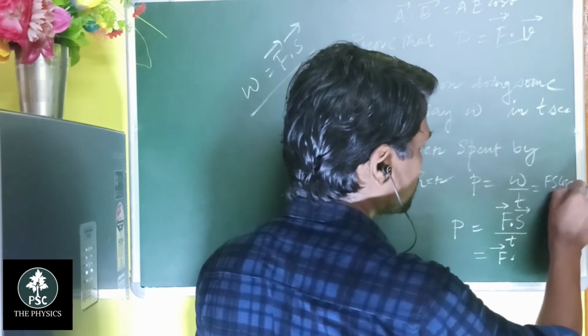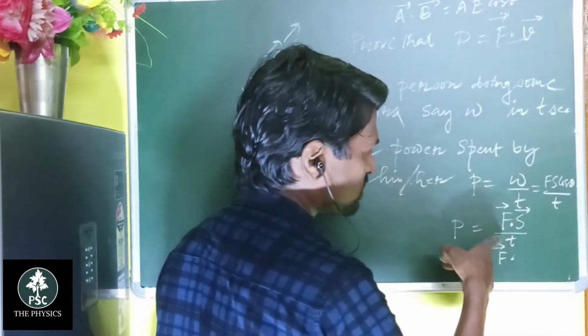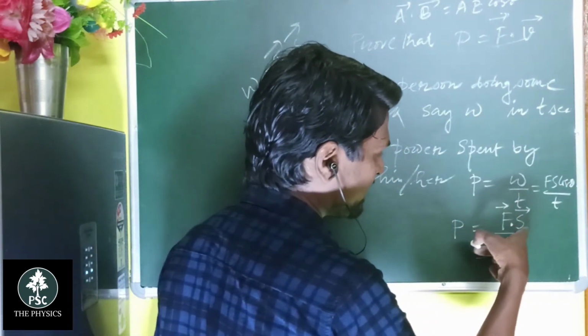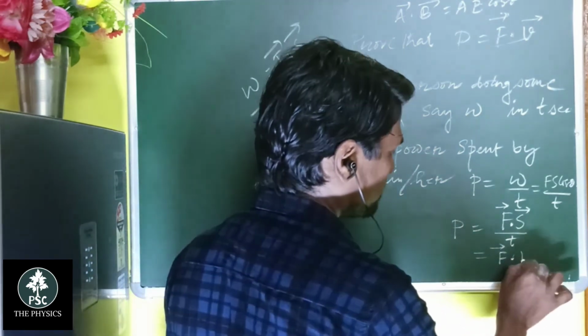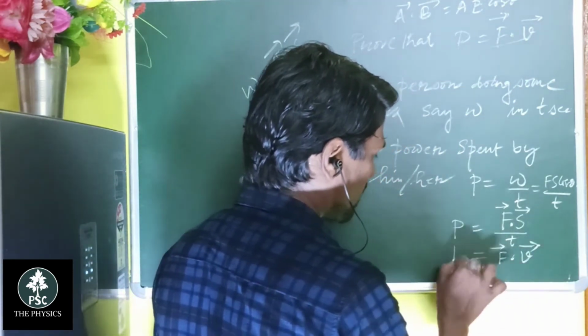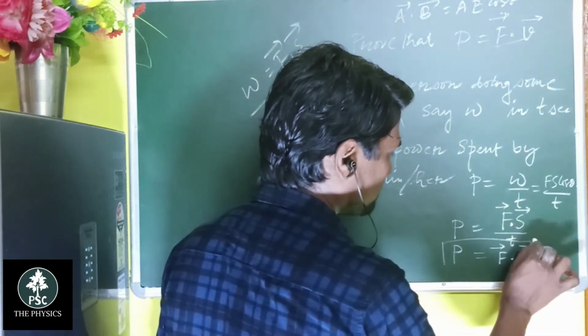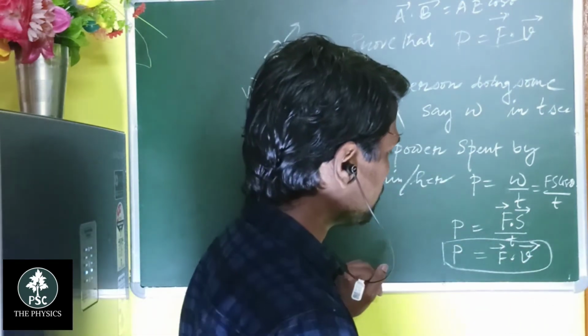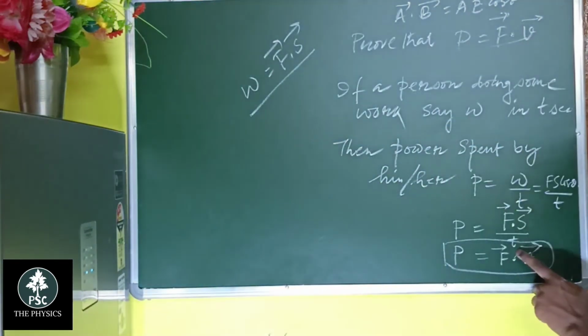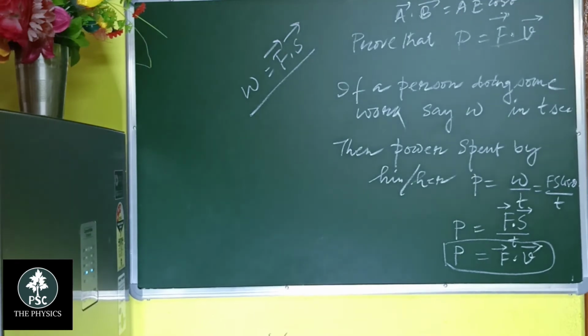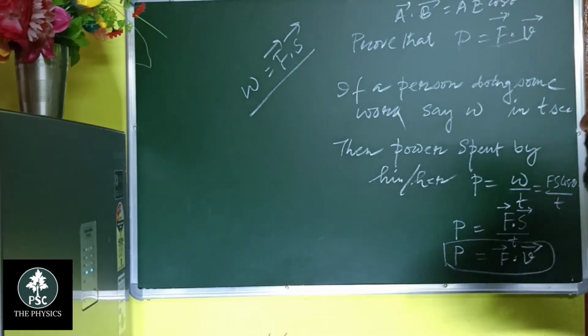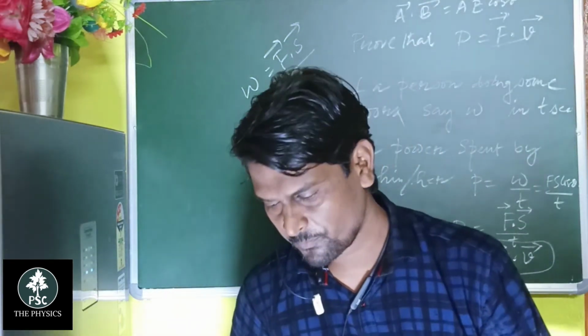F dot S by t, or S by t, is V, the velocity vector. So power is equal to F vector dot V vector.